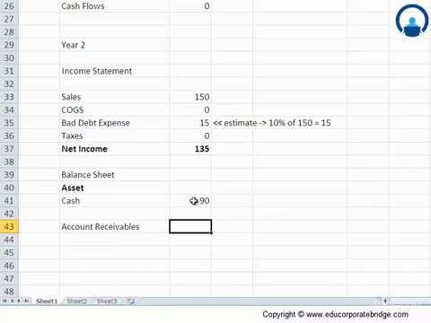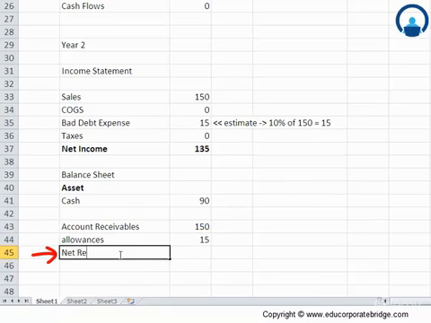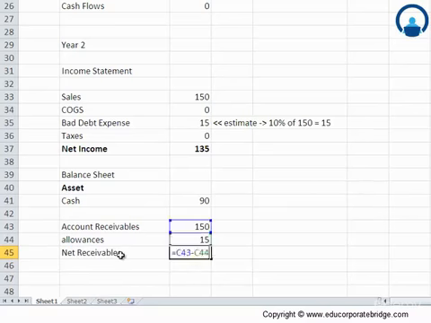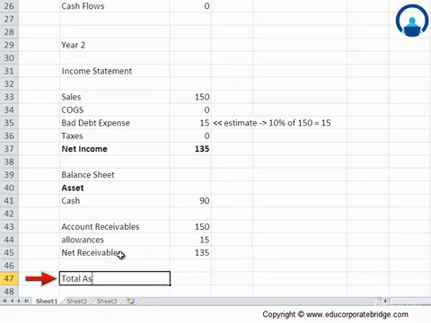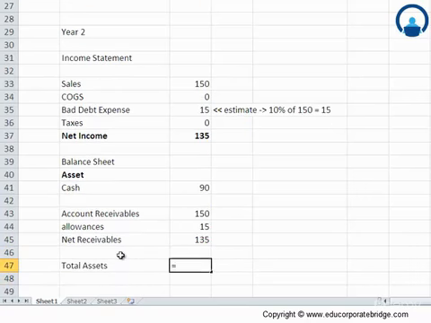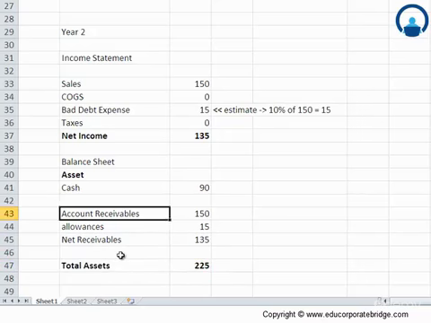So the fresh accounts receivables were 150, because all the sales that happened are credit sales. That's what we have assumed. What are the allowances? Allowances is basically 15. That is what we have taken in the income statement. So the net receivables will be 150 minus 15, that is 135. So the total assets come out to be $90 plus $135, that is $225. Now this is the asset side.